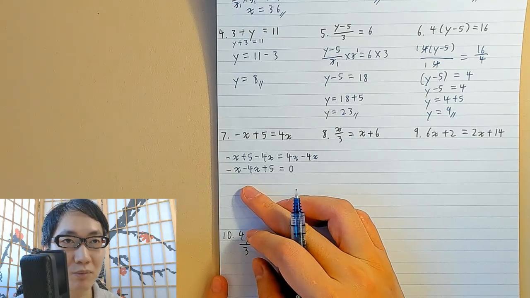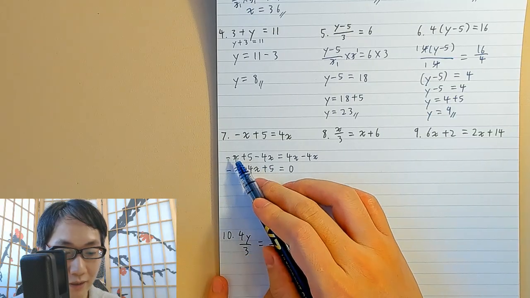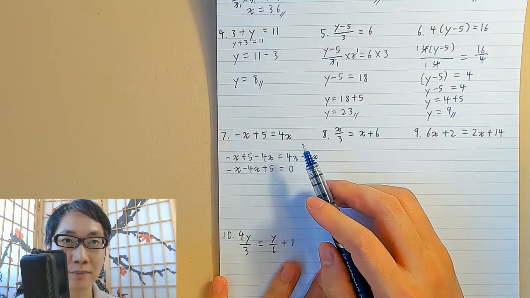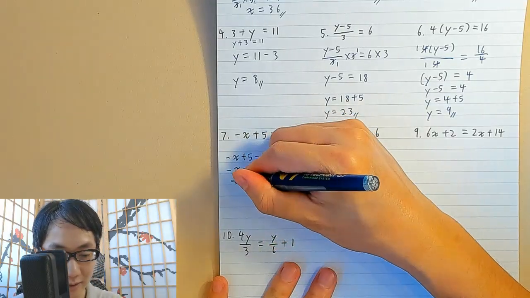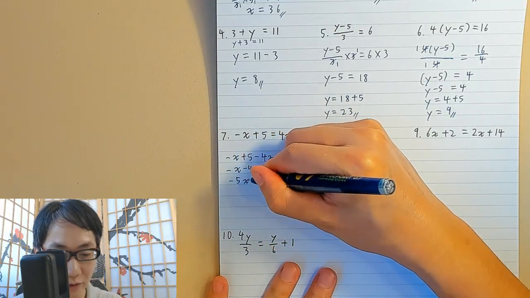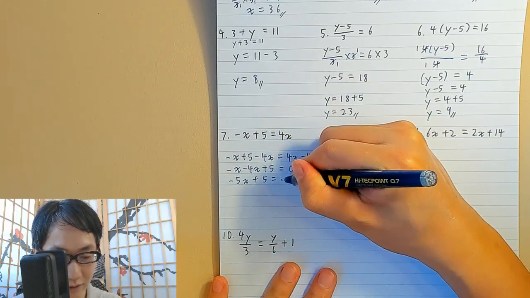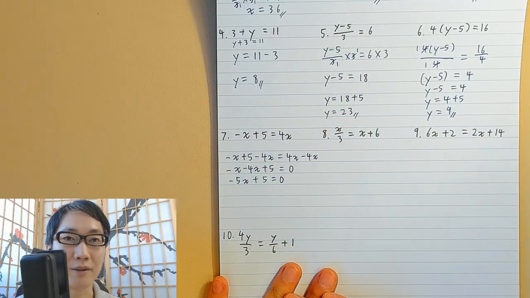So like terms means they have the same unknown carried. So this has -1 of the unknown. This has -4 of the unknown. And together it is -5 of the unknown, plus 5.